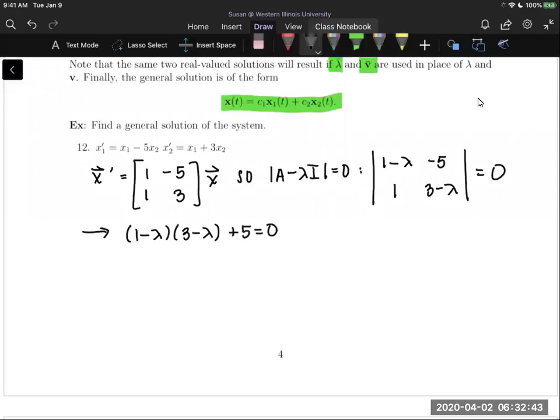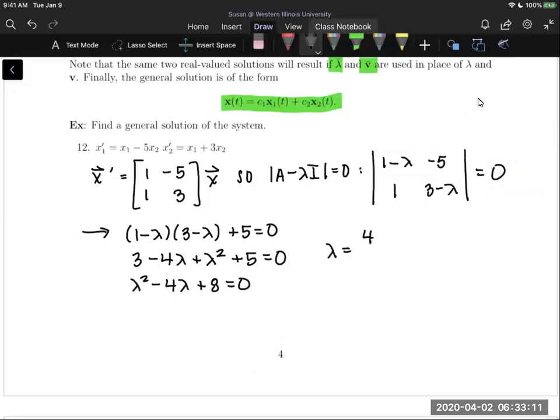So let's expand this out. 3 minus 4 lambda plus lambda squared plus 5 equals 0. Lambda squared minus 4 lambda plus 8 equals 0. And you can just see here by inspection that this is not going to factor. So I'm going to plug it into the quadratic formula.